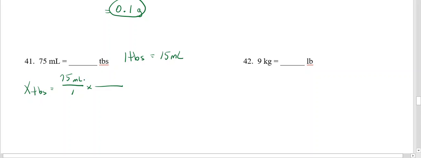And since milliliters was on top, milliliters goes to the bottom, so we can cancel them. And then tablespoon, excuse me, goes on top. So then the 1 goes with the tablespoon, the 15 goes with the milliliters, and then I cancel my units of measure. So I'm looking at 75 over 15. And I know 5 goes into both of them.